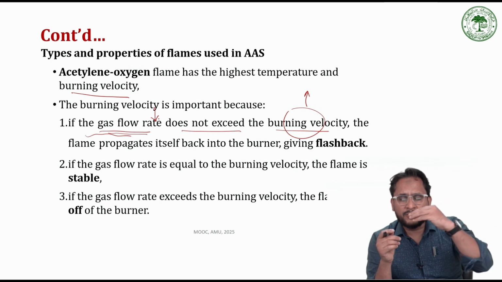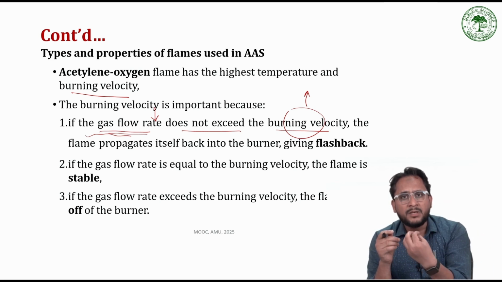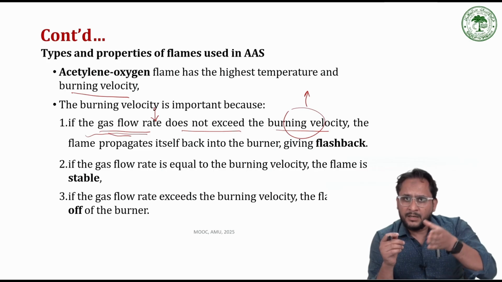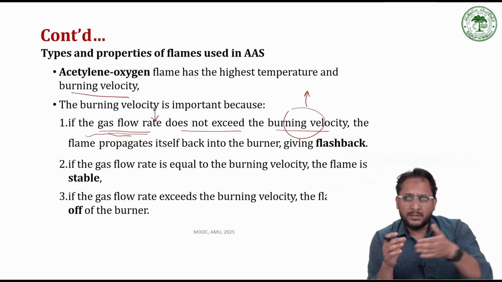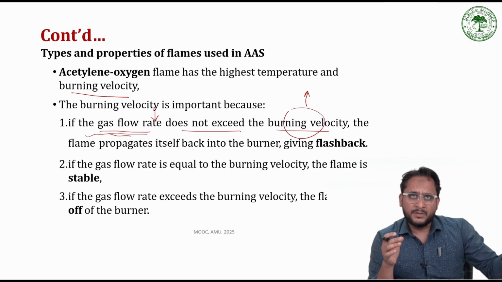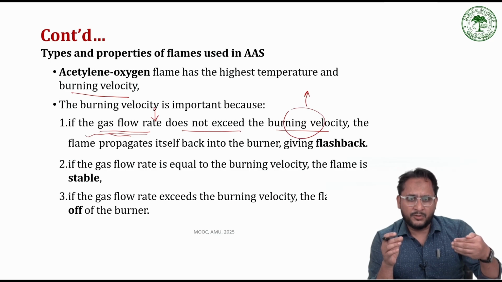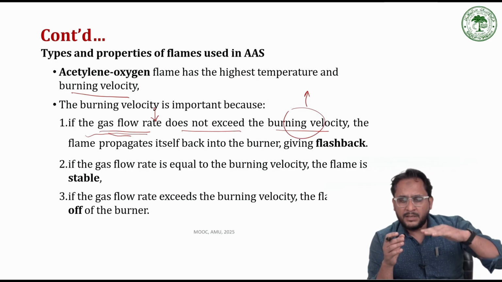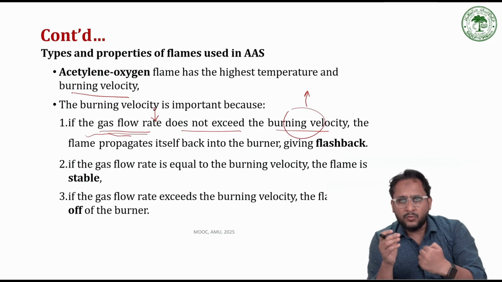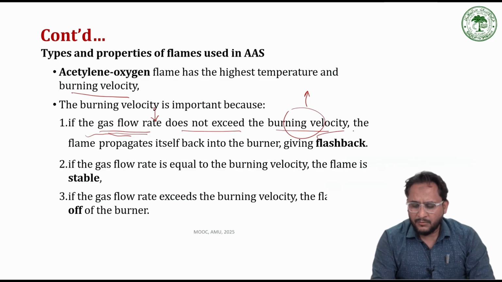Only small volumes of fuel are injected into the flame. They will immediately burn because the burning velocity is very high. While the fuel is burnt, no fuel is coming because the flow rate is low. It ultimately causes the temperature to go down and the flame diminishes, resulting in flashback.